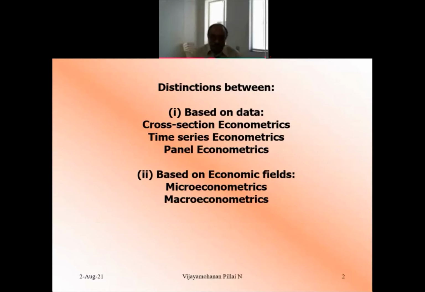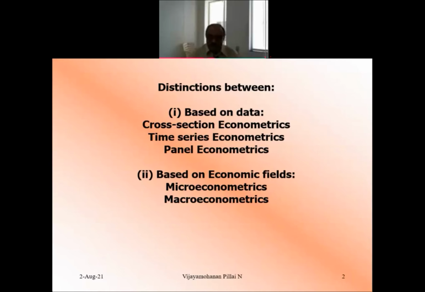The last two are very important in the context of financial econometrics, especially time series data sets. In some cases we also use panel data in financial econometrics, but mostly time series.